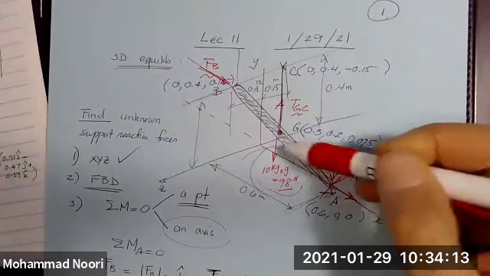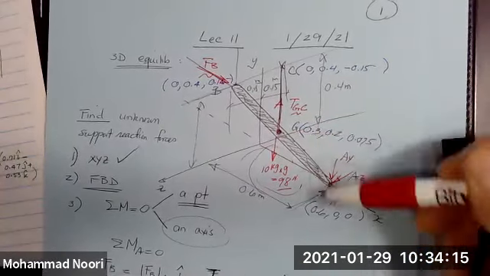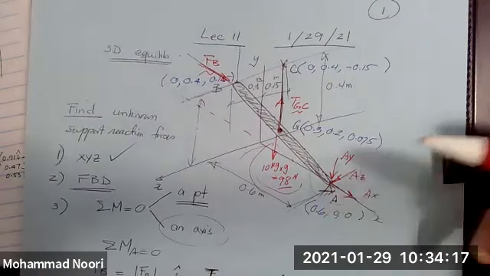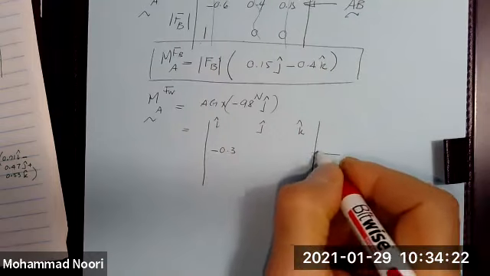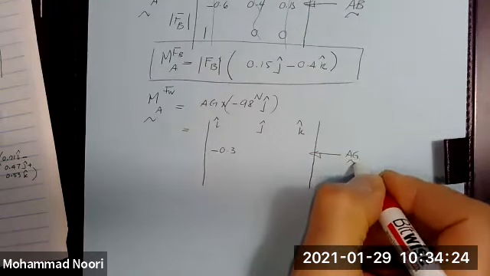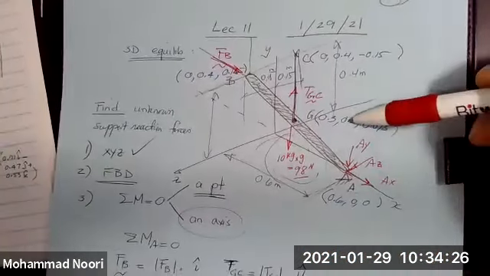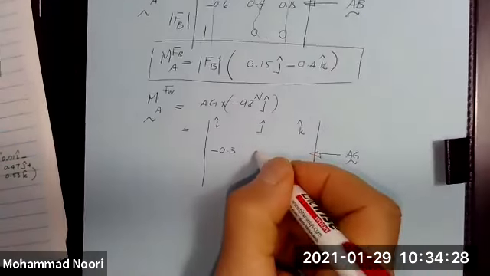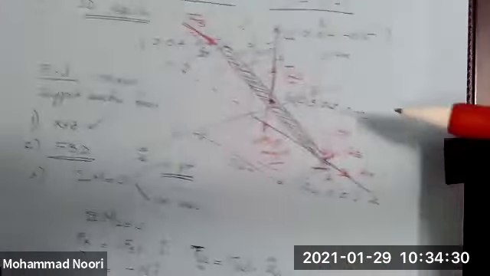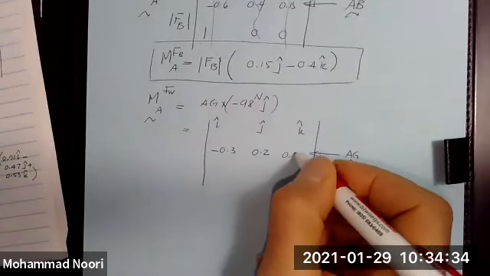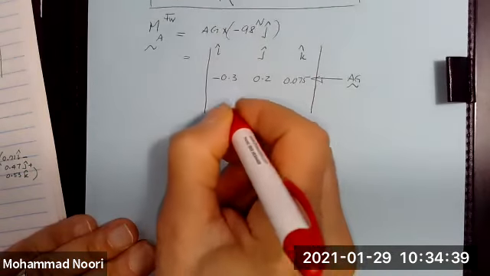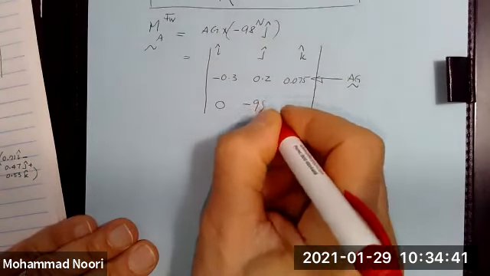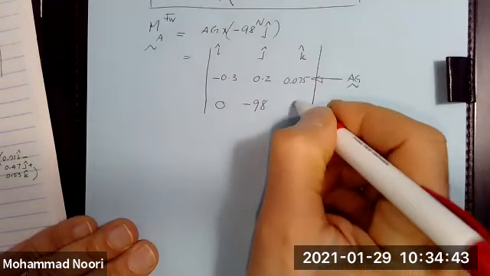That's that vector. 0.3 minus 0.6, right? So it would be negative 0.3. So I'm doing AG as a vector. 0.2 minus 0, so 0.2. And then 0.075 minus 0, so 0.075. And the force itself is negative 98 in the J direction, 0.